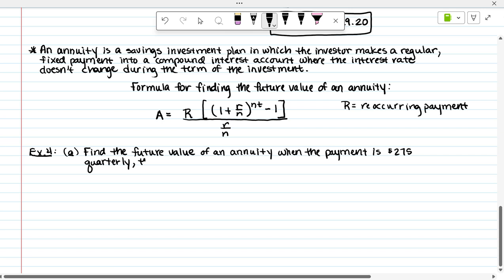The interest is 6.5% compounded quarterly.